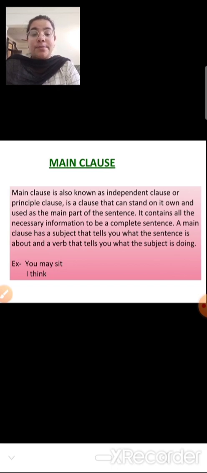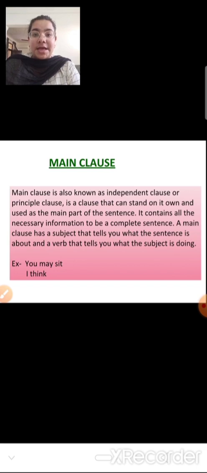So for a complete sentence we need, as we have discussed, subject plus verb combination, and the clause has both things. That is, it has a subject and a verb. The subject tells you what the sentence is about, and the verb tells you what the subject is doing, and that's it. It will make complete sense.